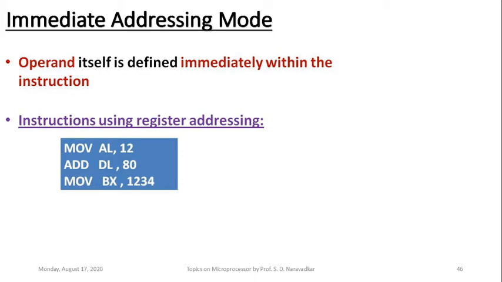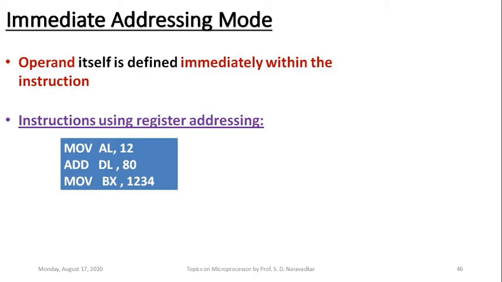Second example, ADD DL, 80. One of the operands is the contents of DL, but the second operand is immediate data 80. And because of that second operand 80 here, this instruction exhibits the immediate addressing mode. Same thing is applicable for the third instruction, where BX will be the destination where that 1, 2, 3, 4, 16 bits of immediate data we want to move.